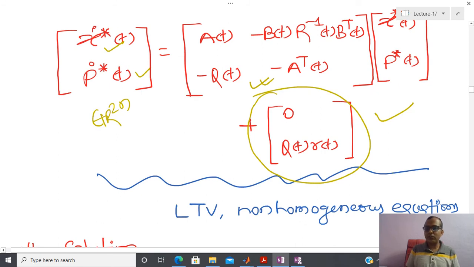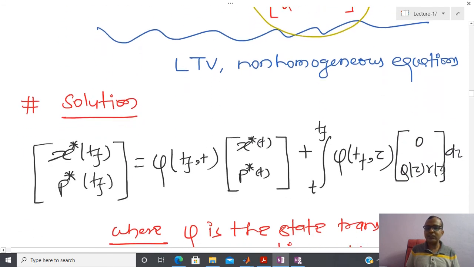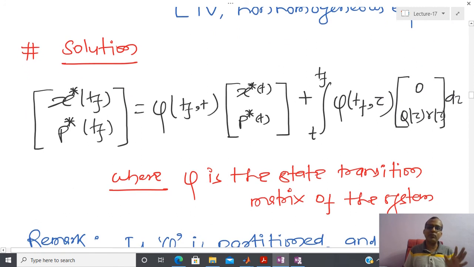Now the equation is non-homogeneous, and I have already told you in the previous class also, and in this class also I am going to repeat: if you are not comfortable with how to solve a linear time varying equation, then I have already recorded a lecture. If you see modern control theory, course code EE-313, that kind of formulation is already available on my YouTube channel.